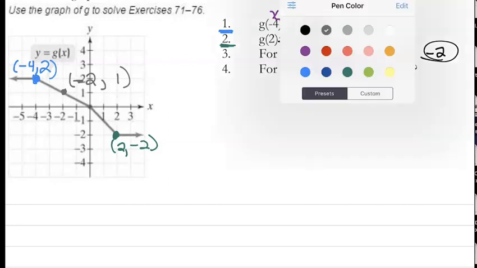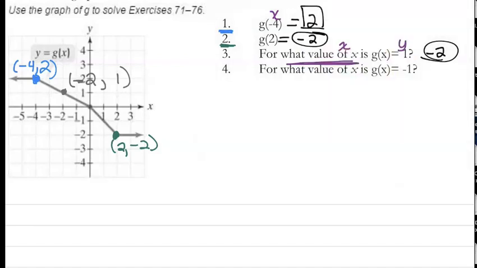And our last problem, same kind of writing. So they're still giving us the y and asking us for the x. This time I have to find where y is -1.